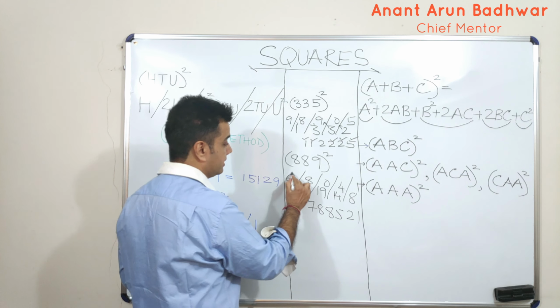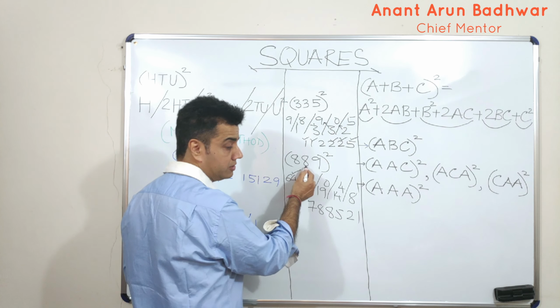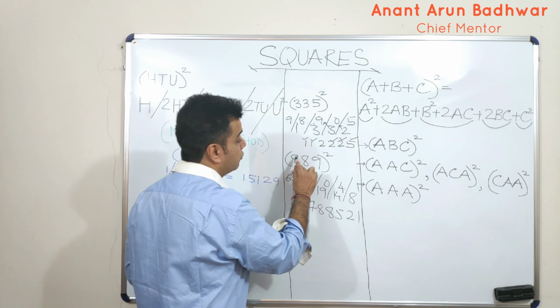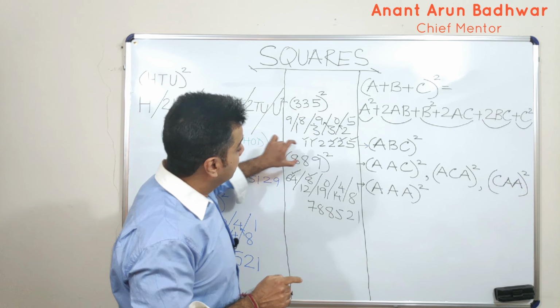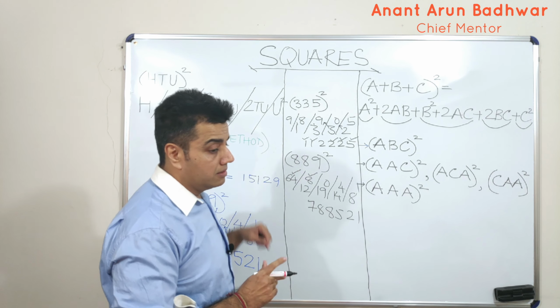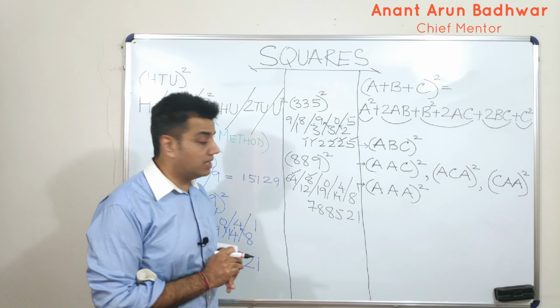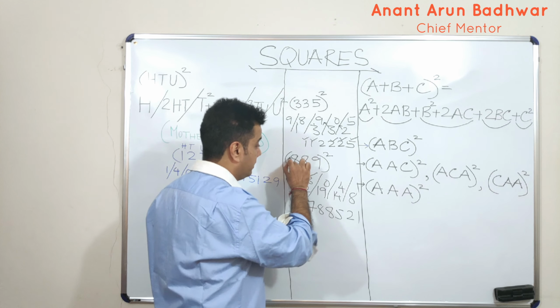So 8 square is a 64, followed by 8 into 8, which is 64 into 2 is 128, followed by 9 into 8, which is a 72, 72 into 2 is 144, 144 plus 64.